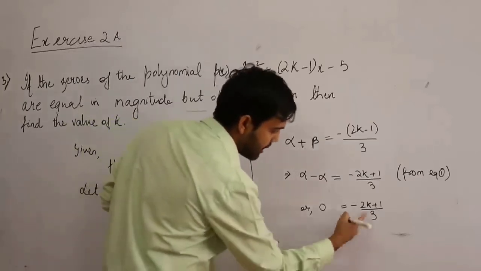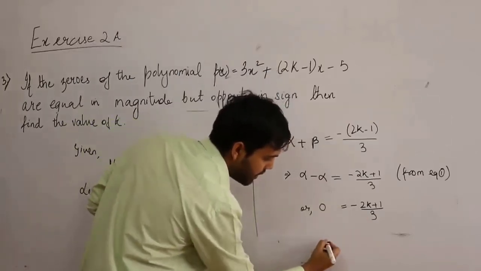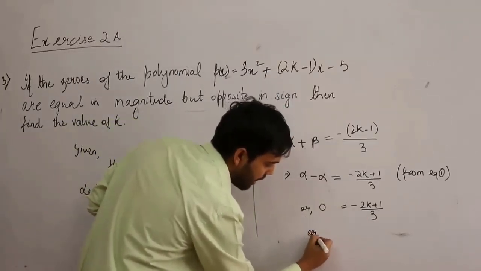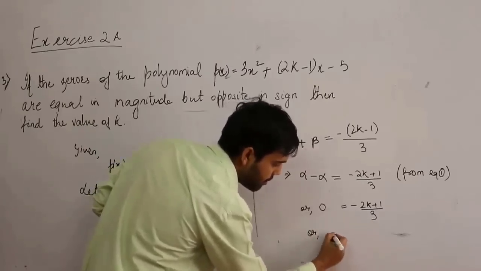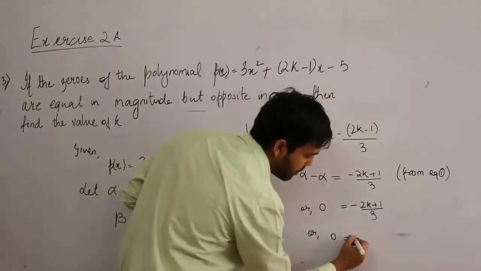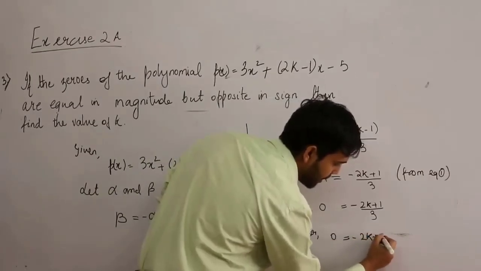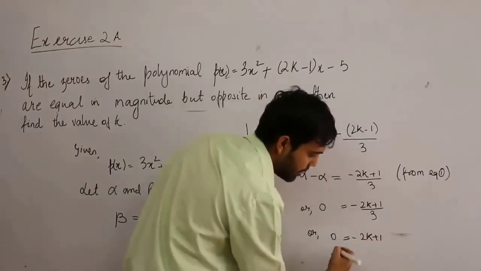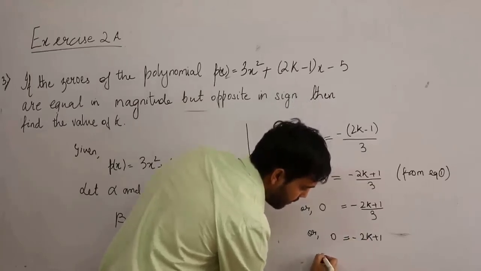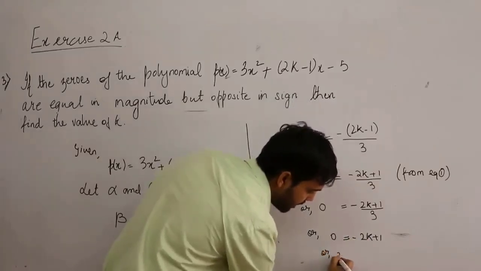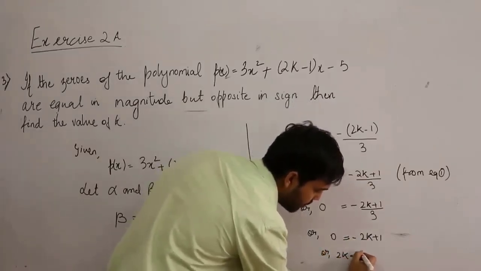Now when I shift 3 to this side, I'll have 3 into 0, which is 0, equal to minus 2k plus 1. From here, when I shift this to this side, I have 2k equal to 1.